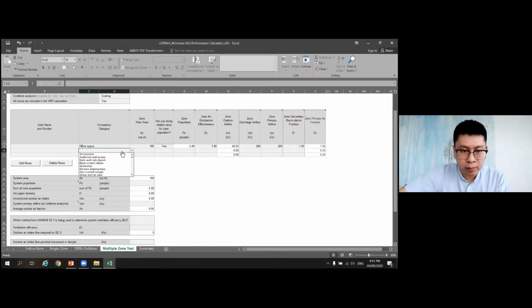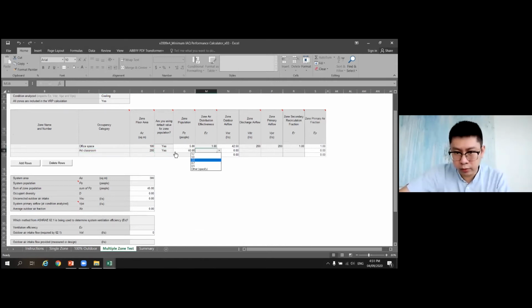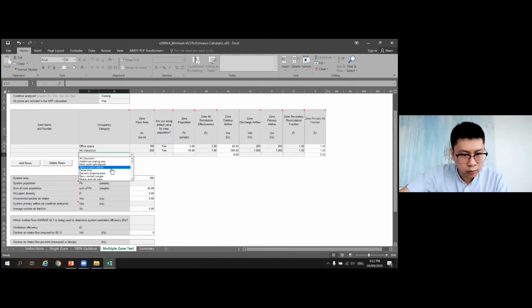Continue to put in some other spaces. Let's say in this case, I just put the art classroom. Yes. This is for the purpose of this exercise. And okay, let's put one more, for example, a lecture classroom, put about 150.